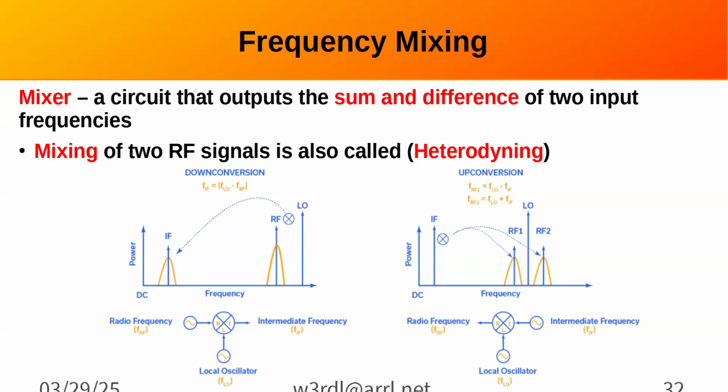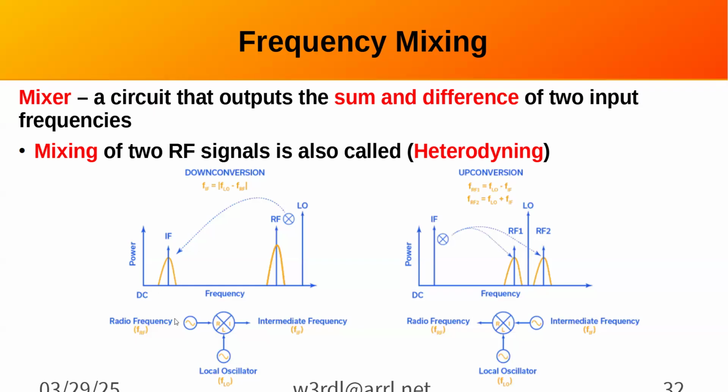When they first started doing that, that's where the term heterodyning came from, where they were mixing your RF signal with your local oscillator. Little pictures are showing what happens in what they call a down conversion versus an up conversion.